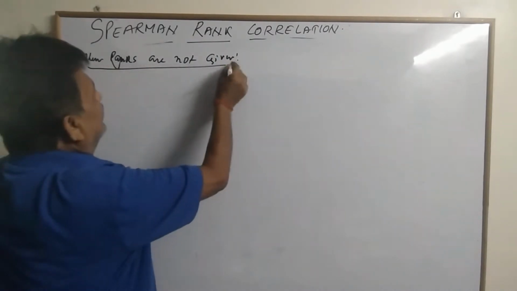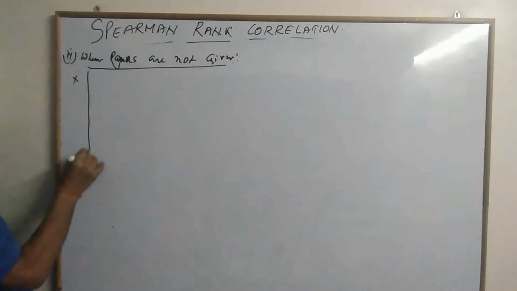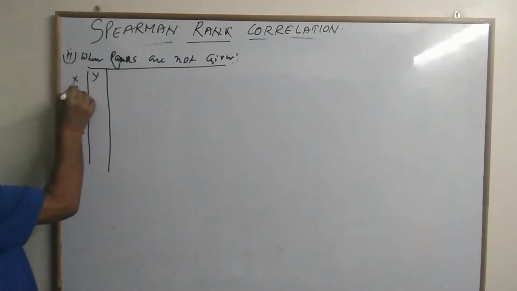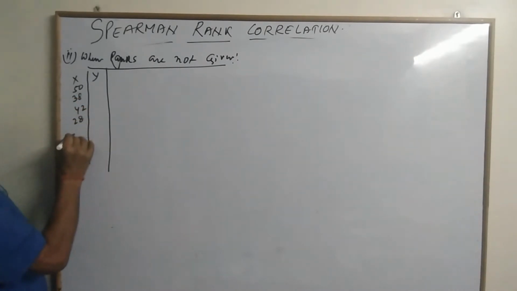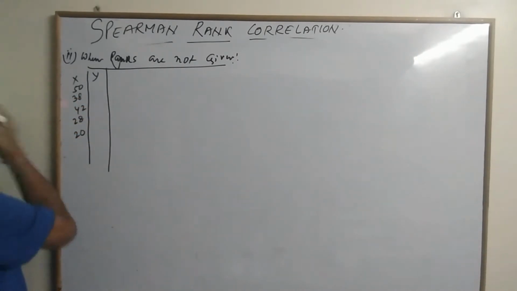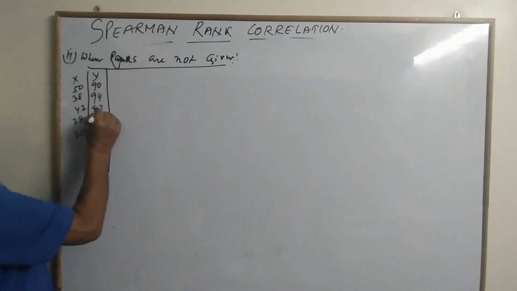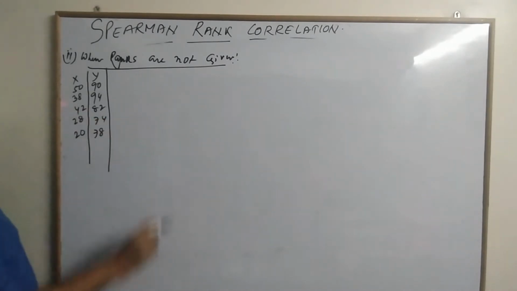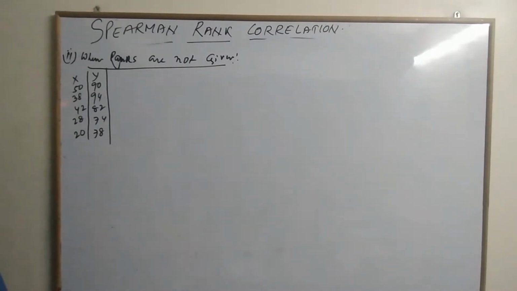Let the sum be like this. This is x and this is y. And rank correlation has been asked.